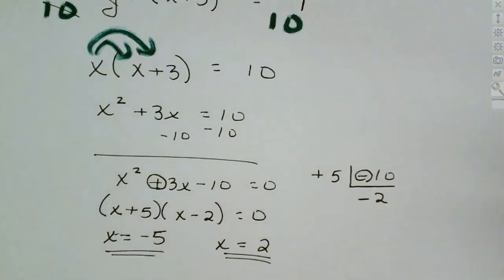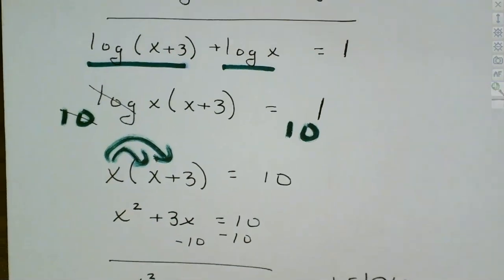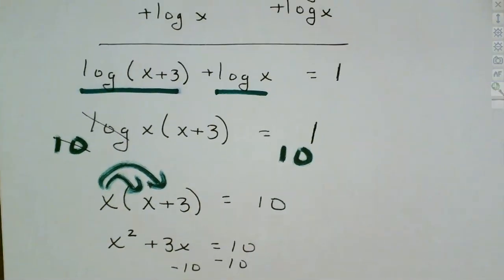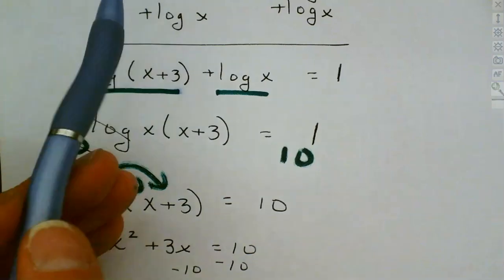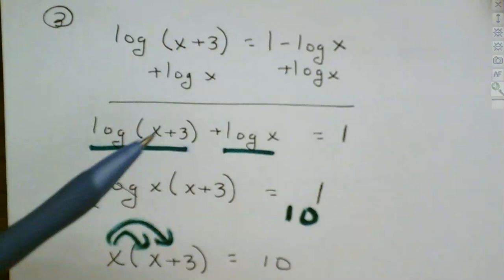Now, what can we not do? We cannot take a negative of a logarithm. So when we go back up and we look at our original, and so I'll move this back down in a moment. When we look at our original, way up here, this is our original here. What happens if I plug in the negative 5?